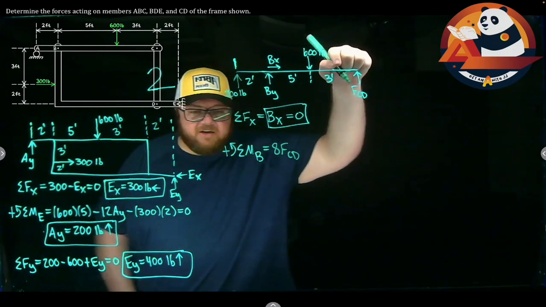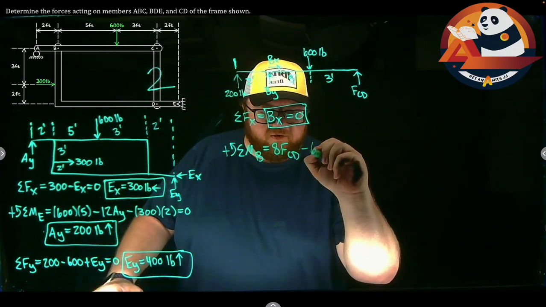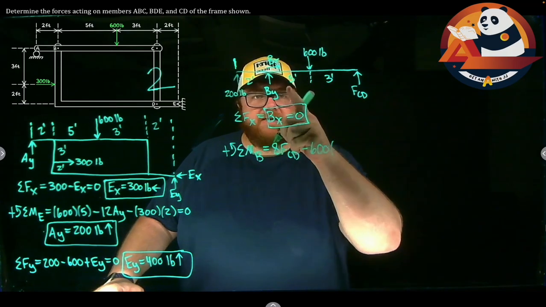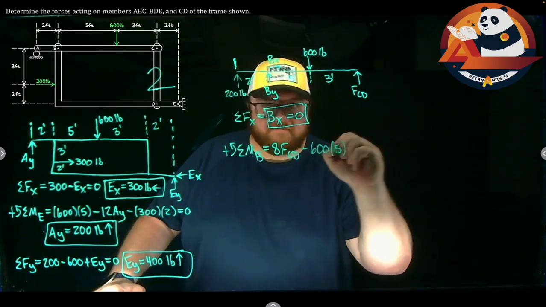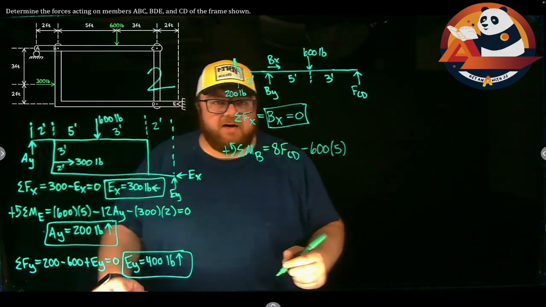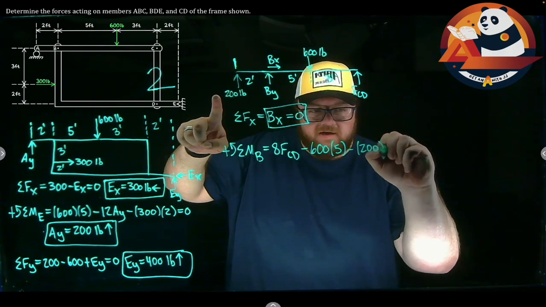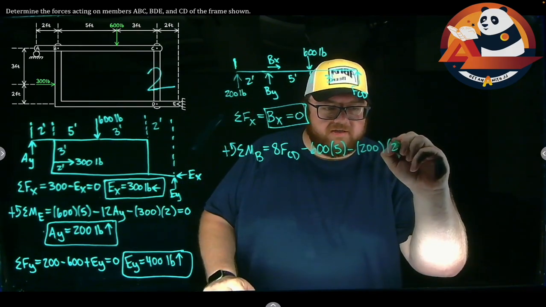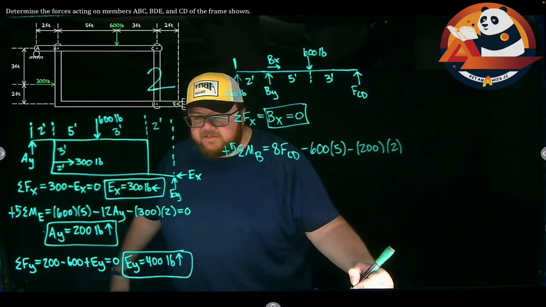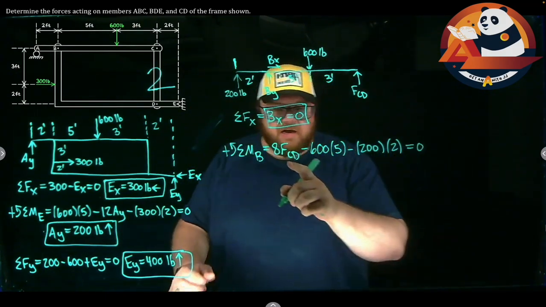My 600 pounds will cause a clockwise rotation, so minus, my force is 600, and my distance is 5. And then finally, AY will cause a clockwise rotation as well. So minus, my force is 200, and my distance is 2. Minus 200 times 2 gets us all the way to 0.